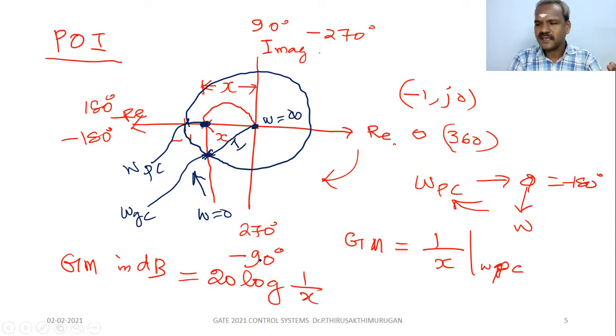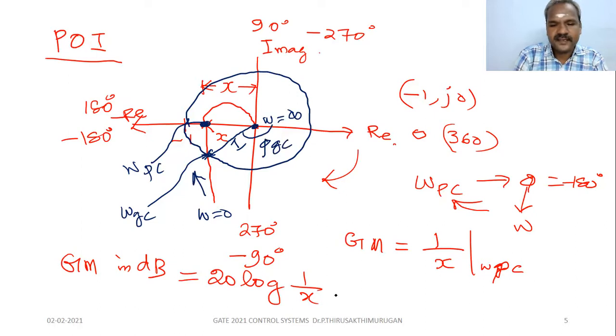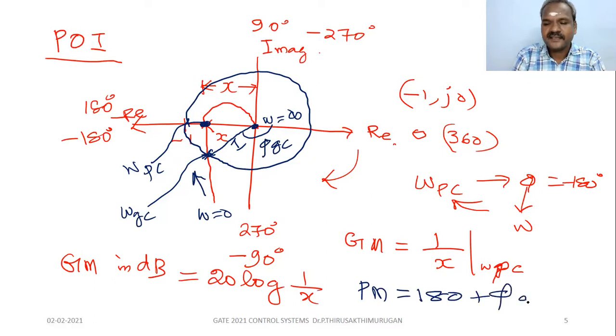So omega GC is unity. If you know omega GC, we can easily tell the phase margin. This is phi GC. So what is phase margin? Phase margin equals 180 plus phi GC.